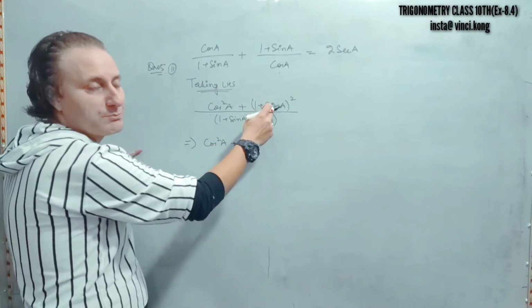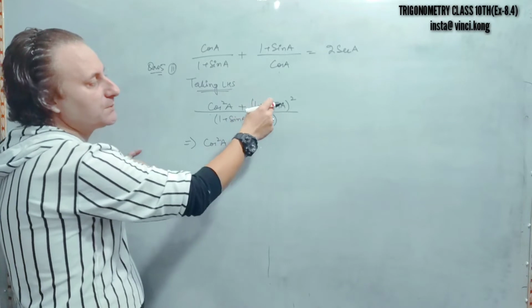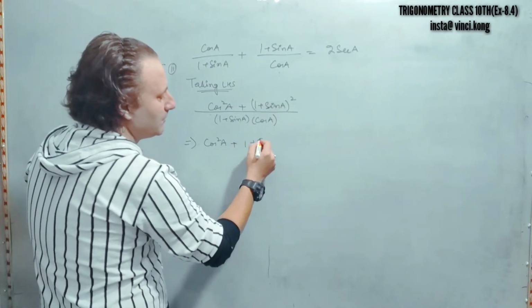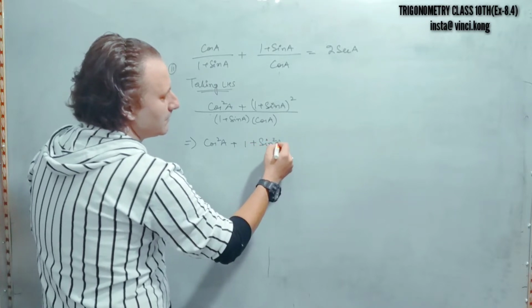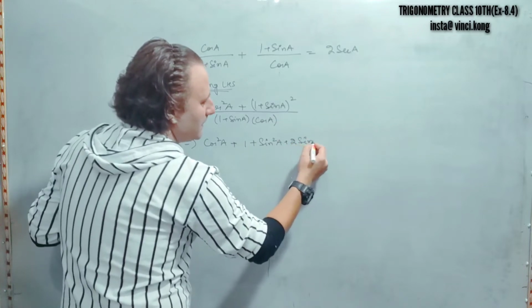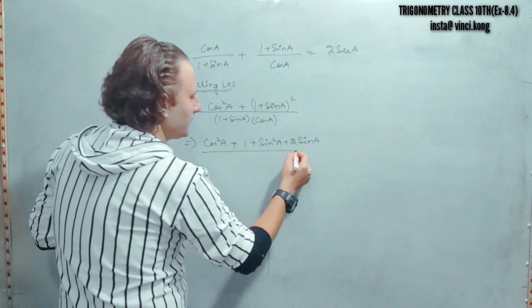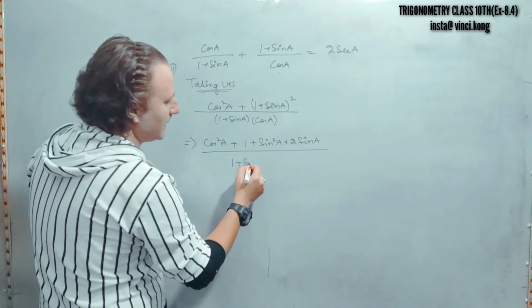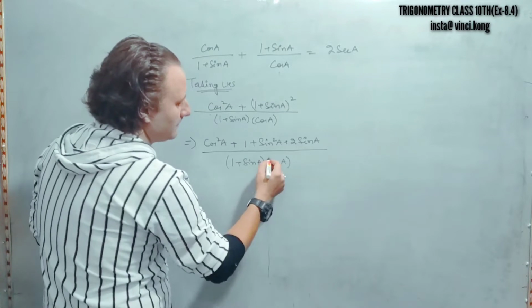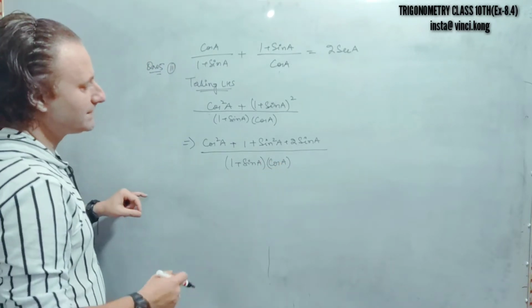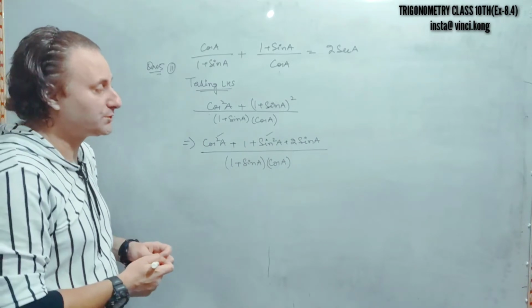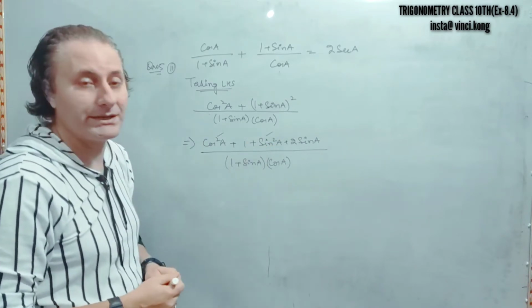Now this is A plus B whole square, and I know it, A square plus B square plus 2AB. That's what I'm going to write here. This is A square plus B square plus 2, A is 1 anyways, and B, whole divided by 1 plus sin A, and then we have cos A. Now if I see here, this is cos square A, this is sin square A. I know this, and even you guys know, sin square A plus cos square A is equal to 1.